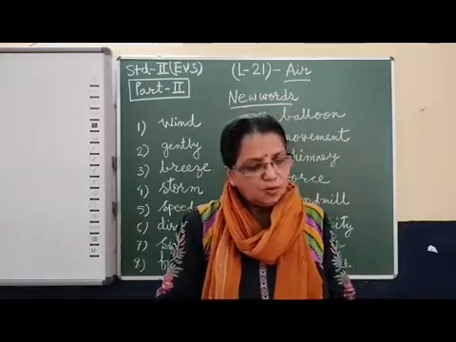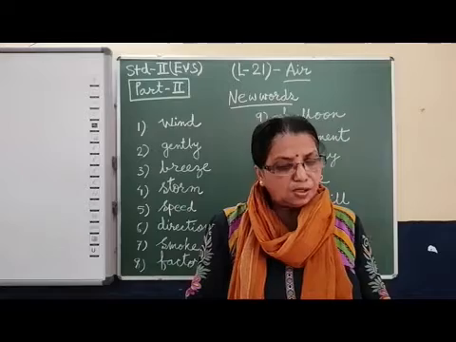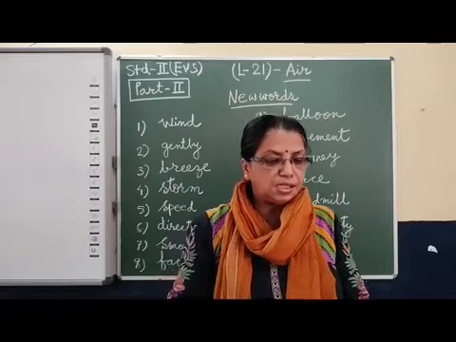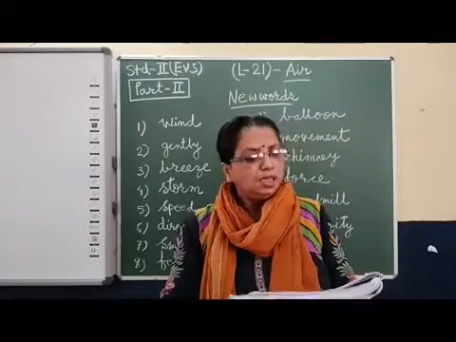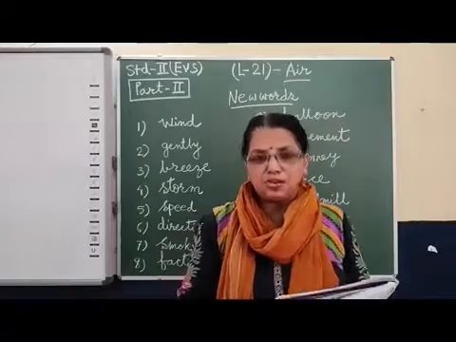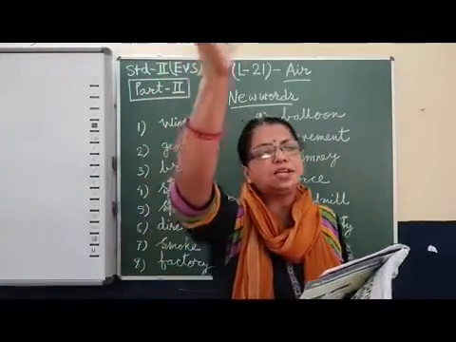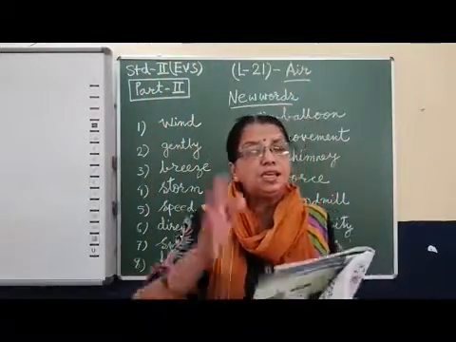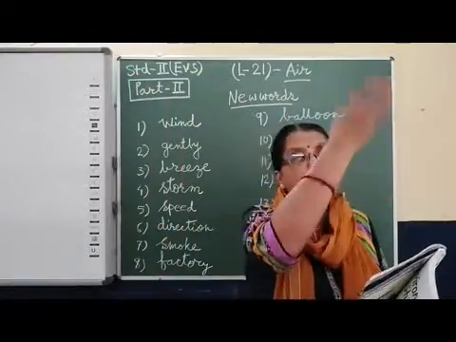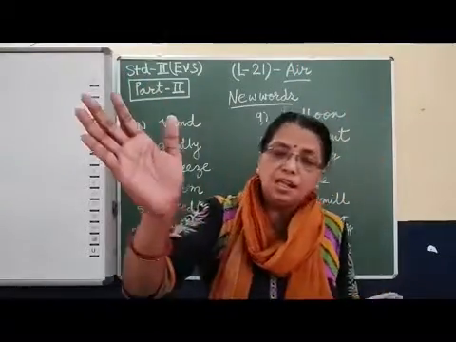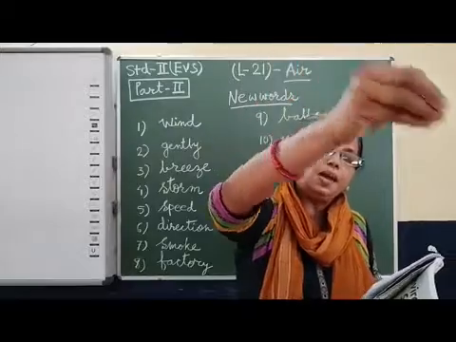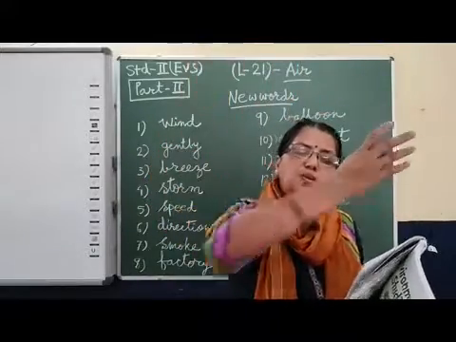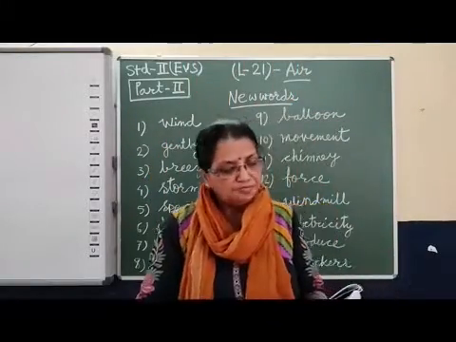Okay. The direction of air can be seen by the movement of things like branches of trees, movement of kites, smoke from chimneys. As I told you, from the factory smoke, you can see it goes in one direction. That means where the direction of air is, the smoke will also go in that direction.